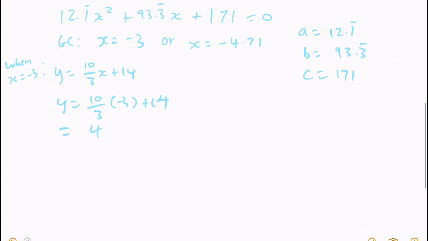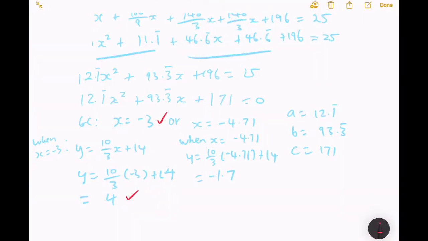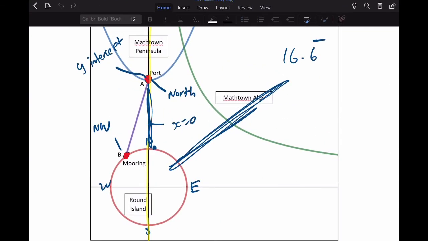And then when x equals minus 4.71, you get y equals 10 over 3 times minus 4.71 plus 14. Using the calculator, you get minus 1.7.